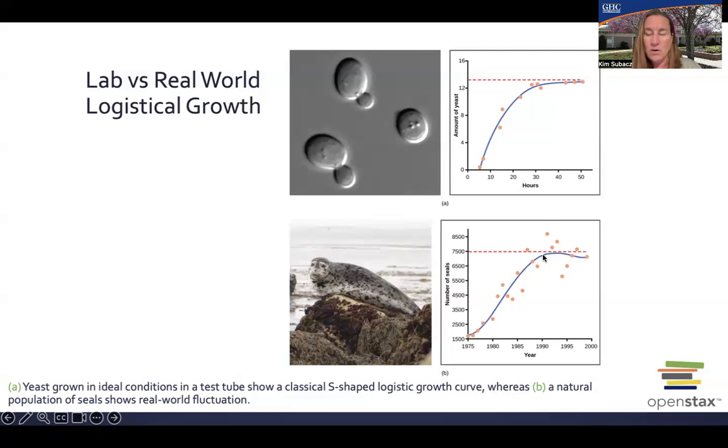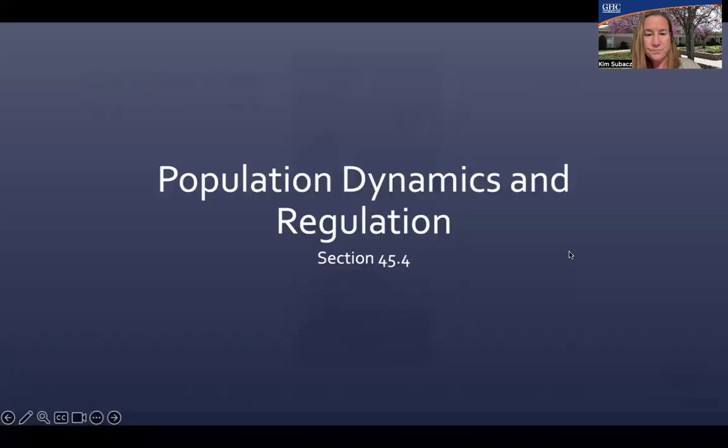So they've gotten into all the habitats that are great for the seal, and they have hit carrying capacity. Maybe food is limited, maybe some sort of resource is limited for them, and they hit the red dotted line at carrying capacity, and that's about where they are at, about 7,500.